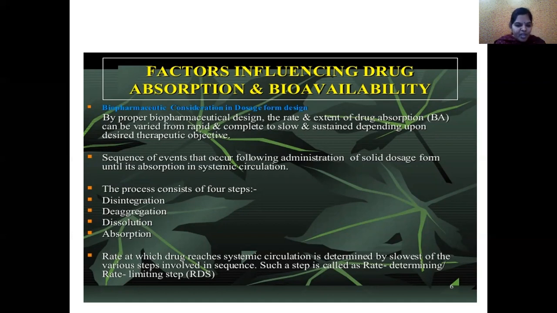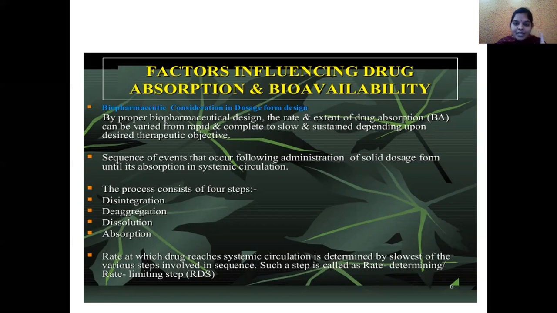The rate at which the drug reaches systemic circulation is determined by the slowest of the various steps involved in the sequence. Such a step is called the rate determining or rate limiting step, where drug absorption is limited. Whether it is dissolution or diffusion or whatever, it depends upon the type of the drug and the type of the dosage form.